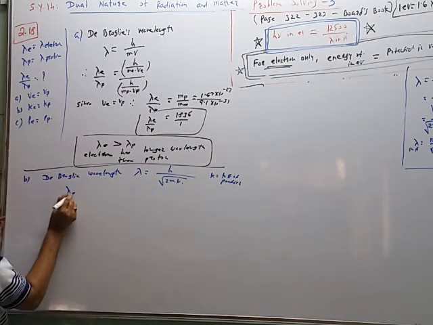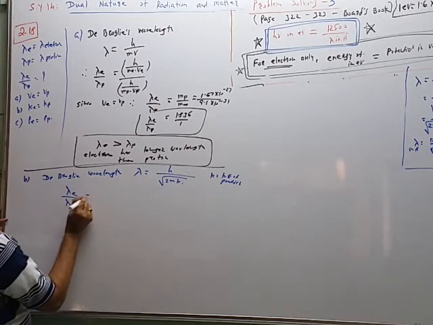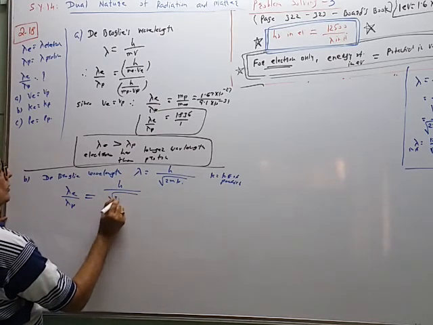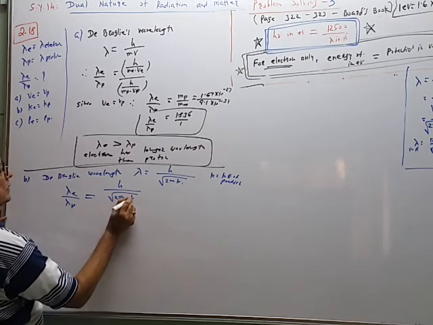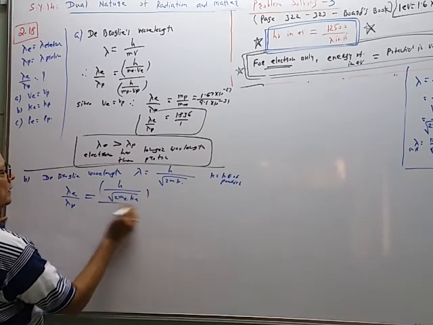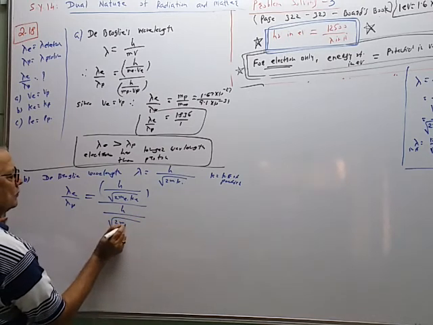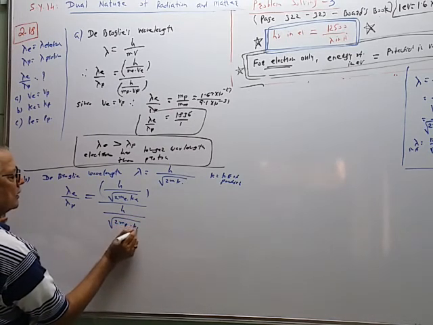So lambda electron upon lambda proton is equal to h upon under root of 2 times mass of the electron, kinetic energy of the electron, divided by h upon under root of 2 times mass of the proton, kinetic energy of the proton.